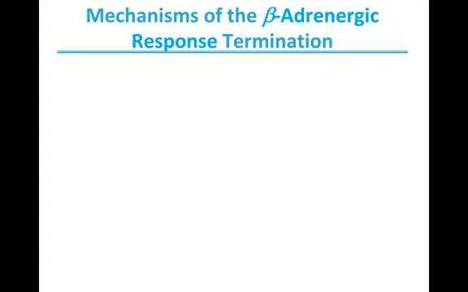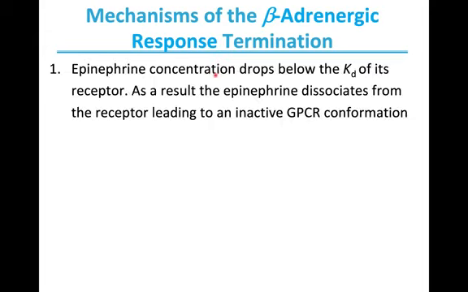There are four mechanisms by which the beta adrenergic response can be terminated in cells. In the first case, the epinephrine concentration drops below the Kd of its receptor. Remember, the beta adrenergic receptor has a Kd for epinephrine.